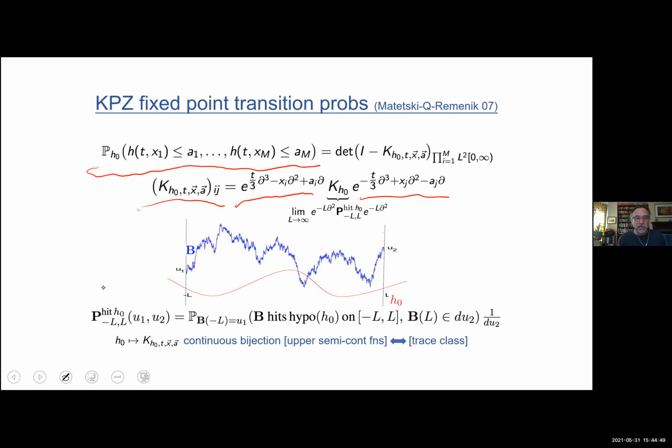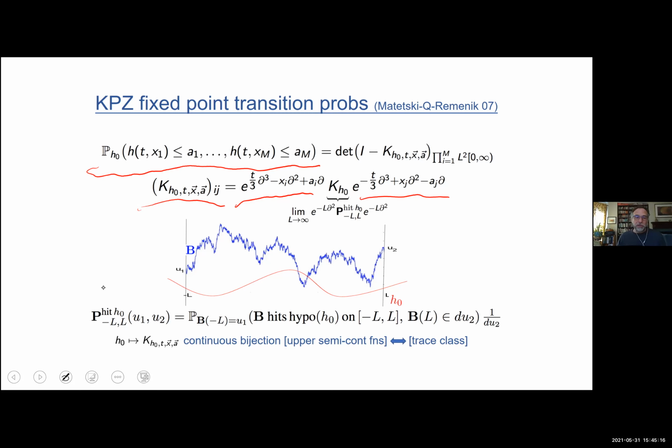So you take your height function h0, and what you do is you run a Brownian bridge from u1 at time minus L to u2 at time L. And you ask, what's the probability that the Brownian motion in between hits the hypograph of your initial function h0?